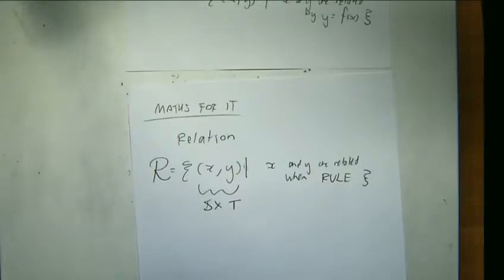A relation is a set of things, and for every possible pair you can decide by some rule whether they are related to each other or not.